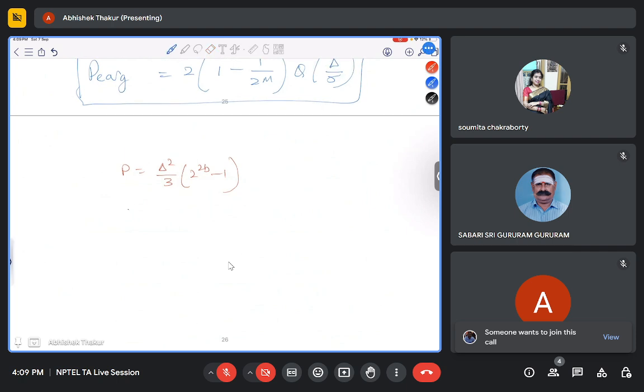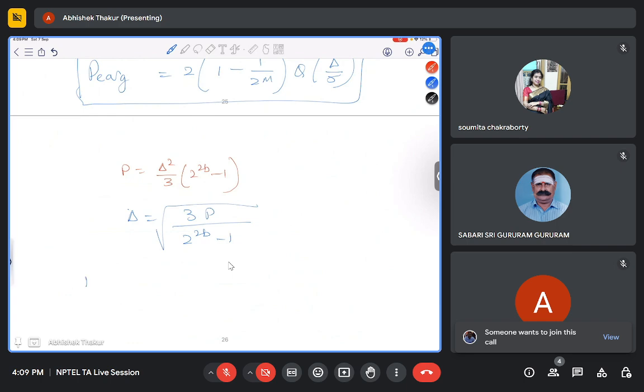So delta square is equal to 3P by 2 to the power of 2b minus 1, and when you take the square root we get the value of delta.